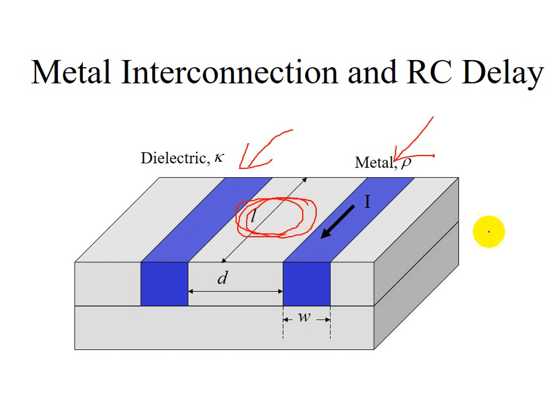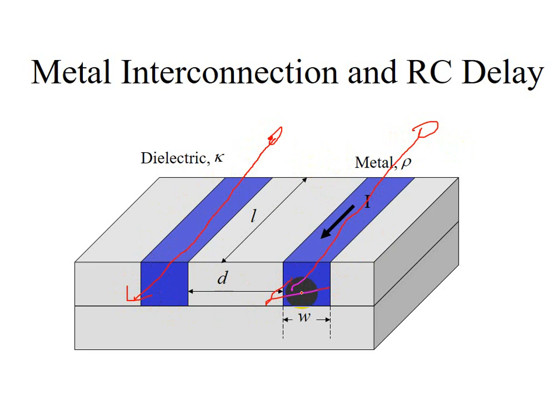So in this case, the signal comes from this side through this direction. Because of the geometry like this, you will come up with the so-called RC delay. The signal you send off will wait a time delay.